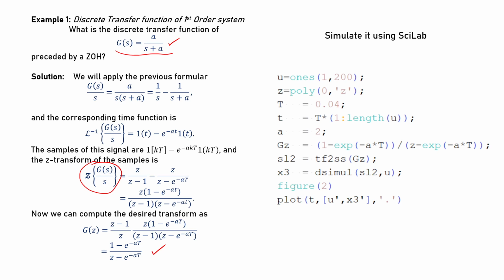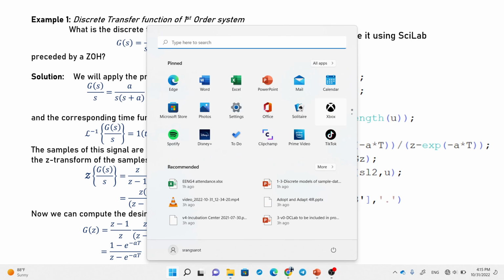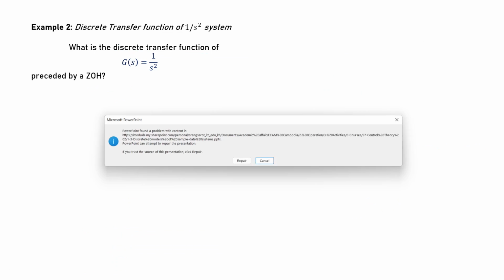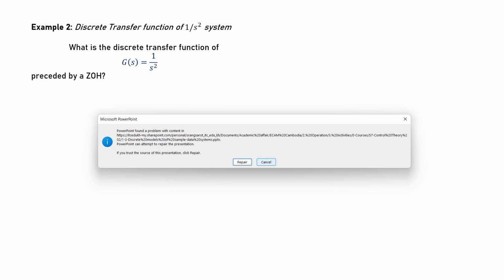But for Scilab, you cannot have the function that converts from a continuous transfer function to a discrete transfer function. You need to find it manually first, and then simulate it to see the result in the time domain. So let's try with Scilab to see.